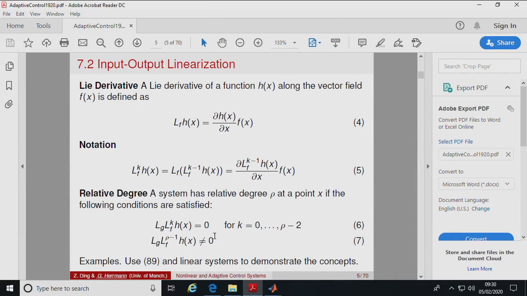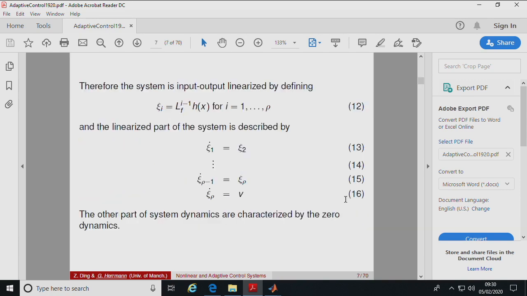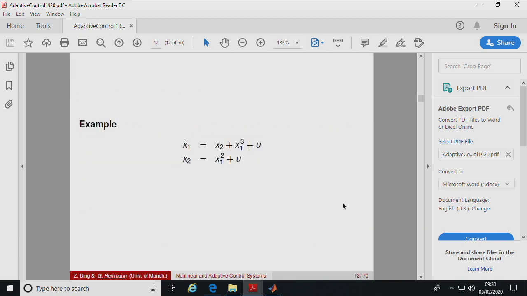That's what we did. We used a small second order example. We wanted to find an H which guarantees a relative degree of 2. Hence we had to satisfy this condition that this Lie derivative is 0. And in the next step, we were lucky that it was non-zero. So that was a quick summary.